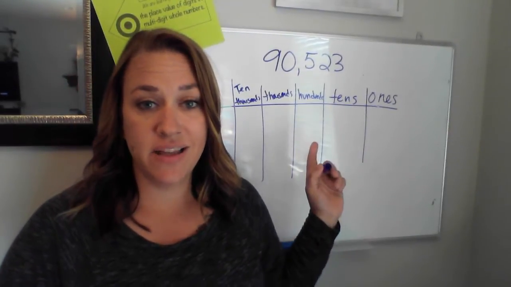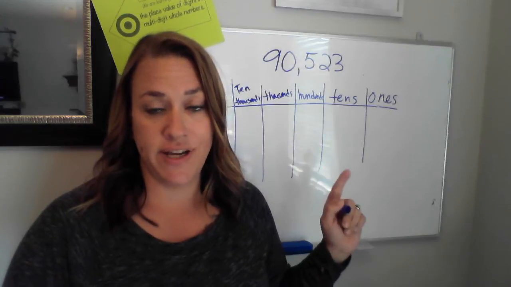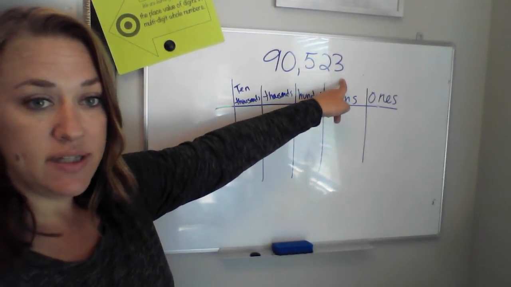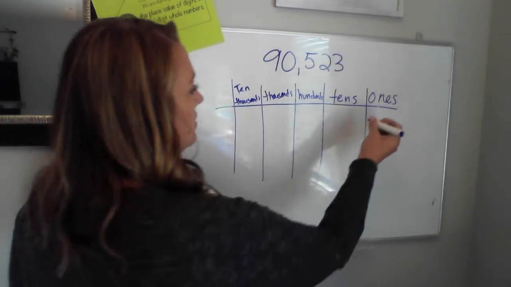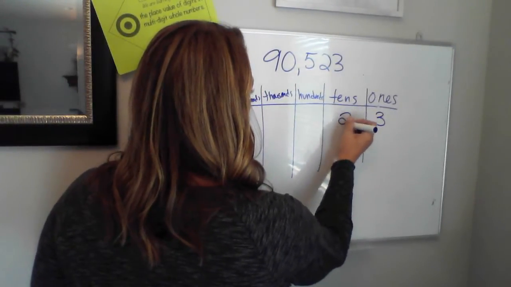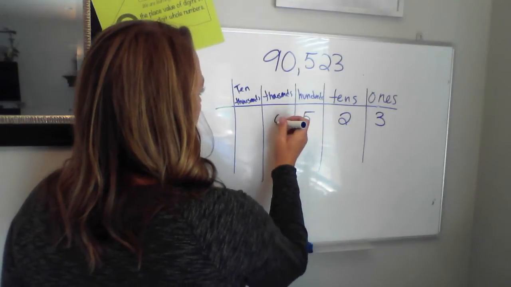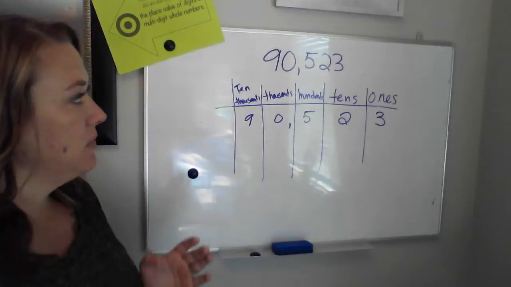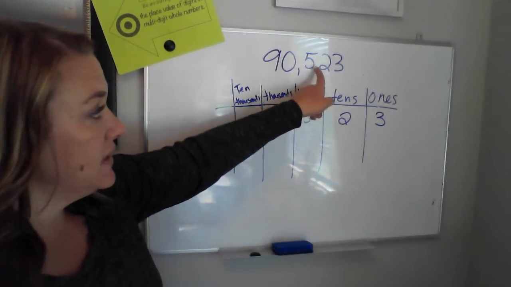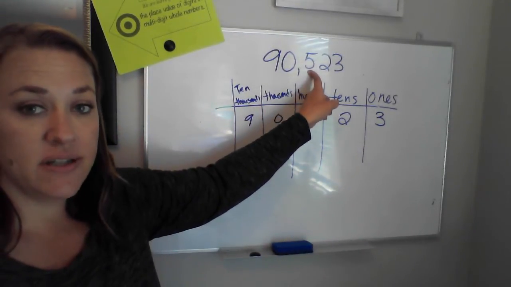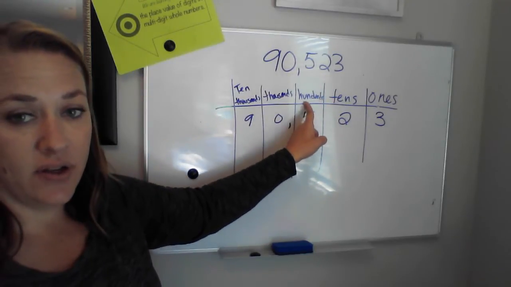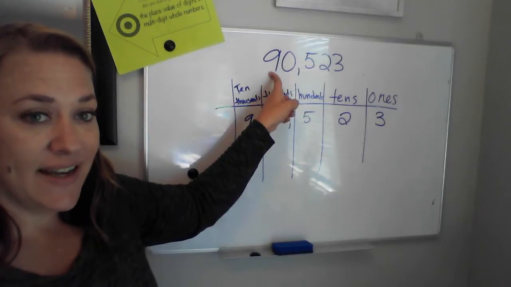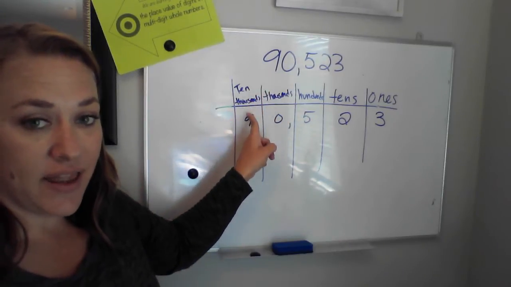Okay, so here we have 90,523, and we can show that number in our place value chart by starting with our smallest unit, which is the ones. So we have 3, 2, 5, 0, and 9. So we could say, well, what is the value of this 5? It's not just 5, it's 500s. The value of this 9 is not just 9, it's 9 10,000s.